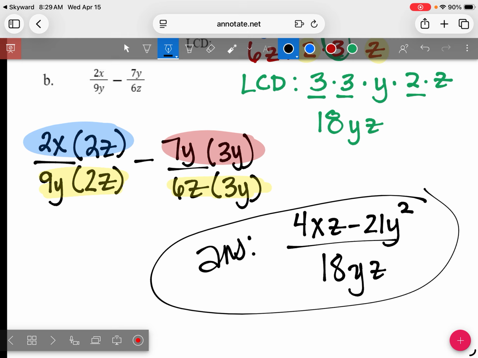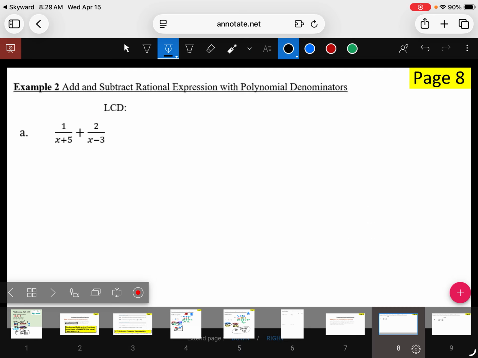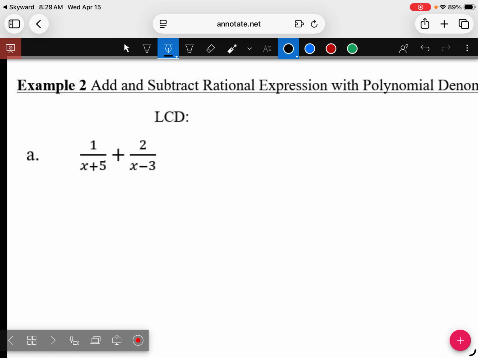All right, let's look at question C. Oh, sorry, it's not question C. It's example 2. All right, so this one is a little different. This is together. This is a group, and this is a group. So the only factor in the first denominator is x plus 5.